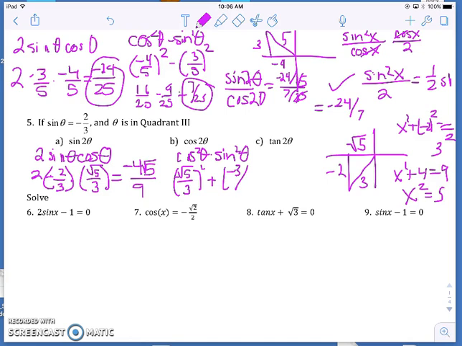I'm having trouble reading these here. Negative 2 over 3 squared. So we have 5/9 plus 4/9. So that would equal 1.